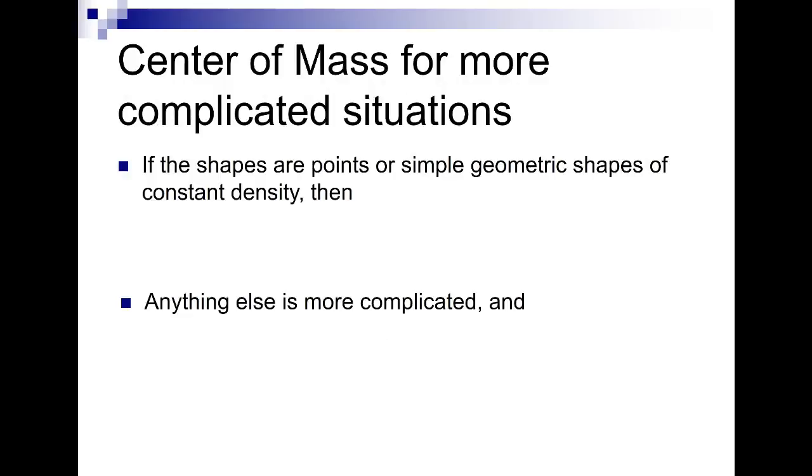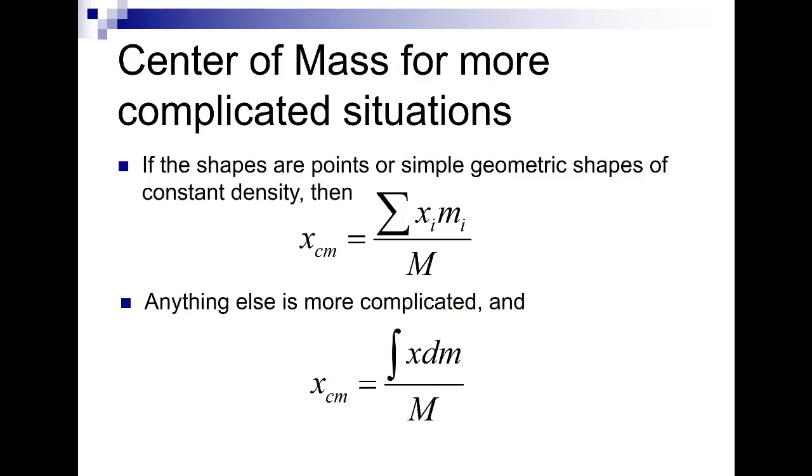Now, the last thing is how do you deal with more complicated situations? If you have points or simple geometric shapes like we've been talking about, then this is the equation for center of mass. But anything more complicated than this, and we have to do an integral.